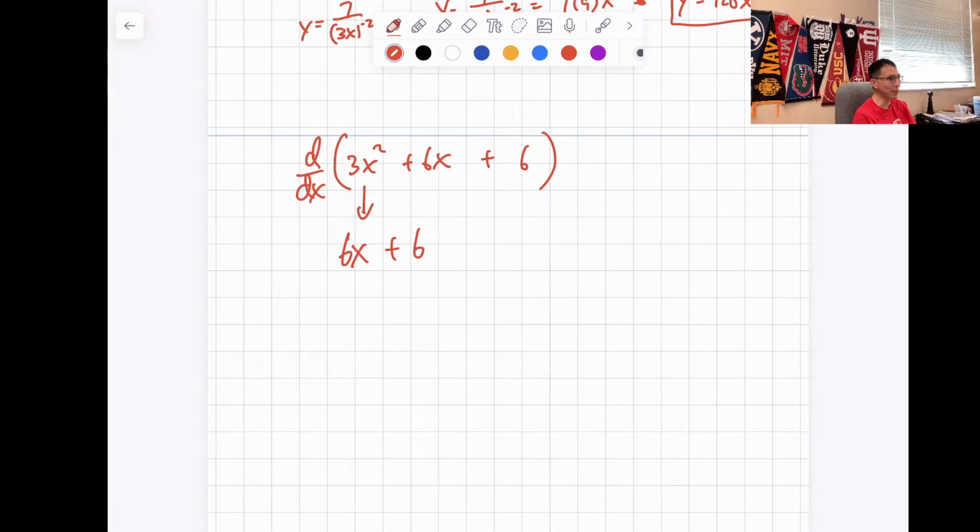Okay, 6x plus 6, because the derivative of 6 is 0. The derivative of 6x, the slope of 6x, is 6. And you can take a derivative individually. Can you take a derivative of something like this? How would I take a derivative of something like that? Think algebra before you think calculus.